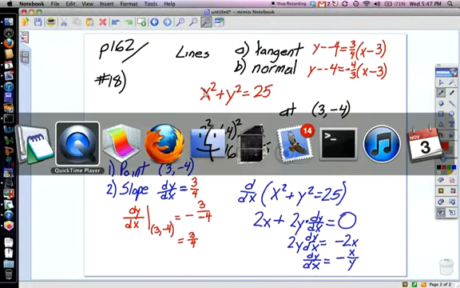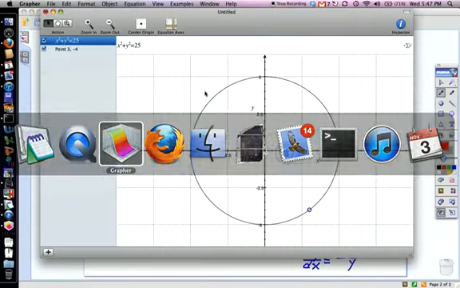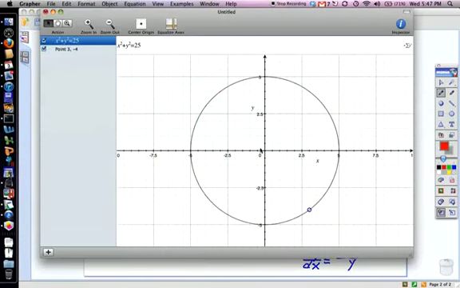It is a circle centered at the origin. The radius is 5, because it's x squared plus y squared equals the radius squared. And then the point (3, -4) is right down there.